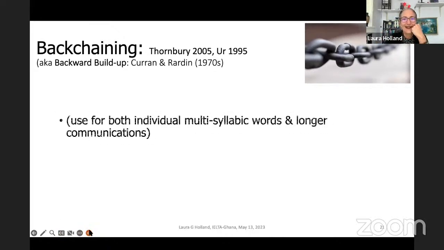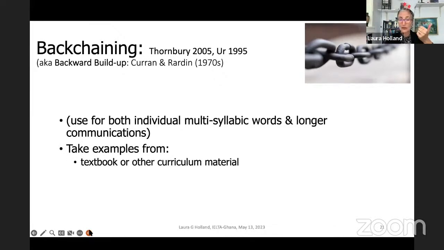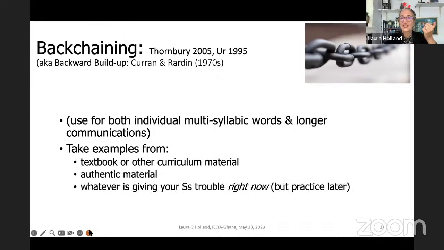So it's really useful for both individual multisyllabic words, so long words, and also longer communications. And we'll do some examples. You can take examples from your textbook or other curriculum material, from an authentic material, such as a movie or a video or a song, or whatever is giving your students trouble right now. But don't interrupt them.